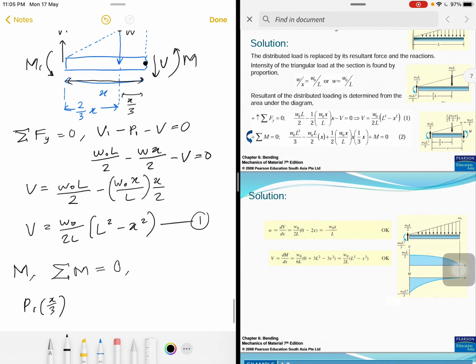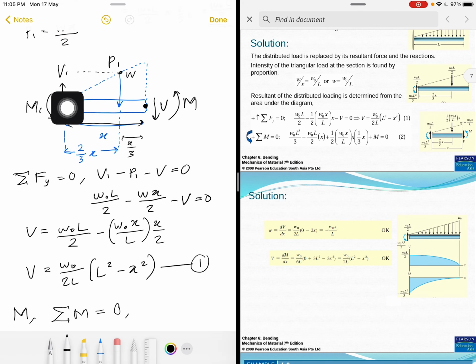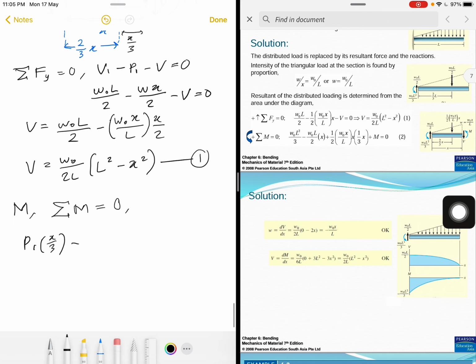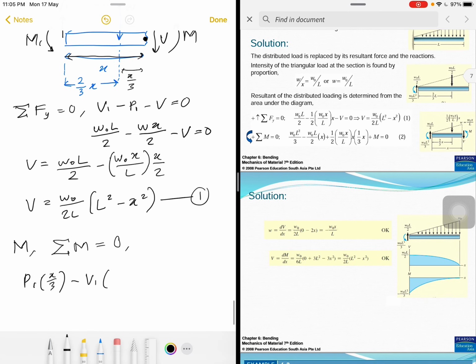And then minus, because this is downward, so we consider downward, or actually anti-clockwise, to be positive. So when we consider the V1, it will be negative. So V1 times the length, which is x.